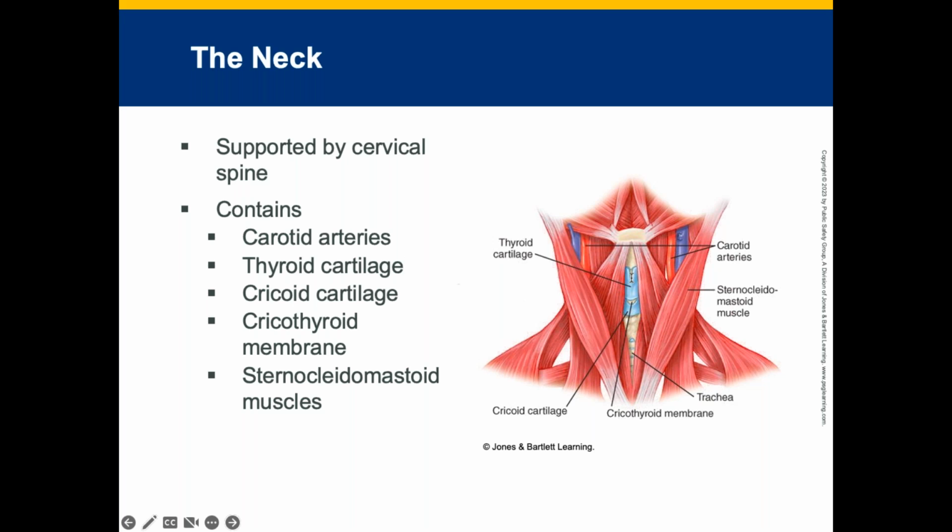So we talk about the neck, supported by the cervical spine. The upper part of the esophagus and trachea lie in the midline of the neck. All right. So you have your thyroid cartilage located here, your cricoid cartilage located below, and that little indent in there is the cricothyroid membrane.